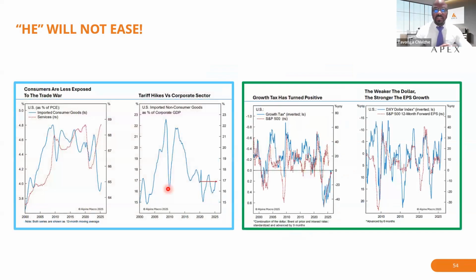Another way of reading this is Alpine Macro, we're saying, listen, imported consumer goods, which is where this whole tariff story is playing out in the USA, is only less than 3% of consumer expenditure. A lot of consumer expenditure is in services, specifically shelter inflation, which is elevated, and it's expected to decline substantially going forward.